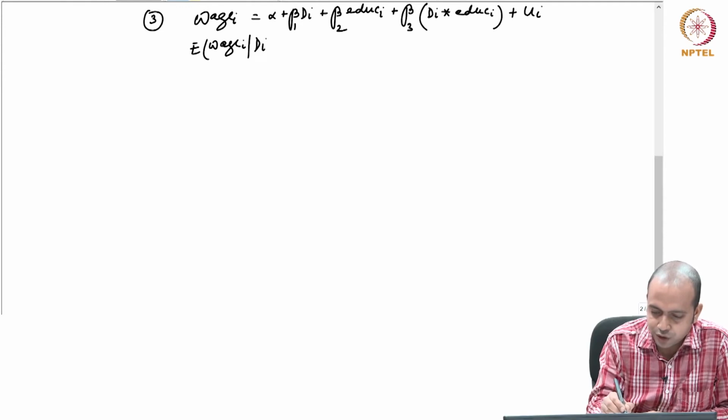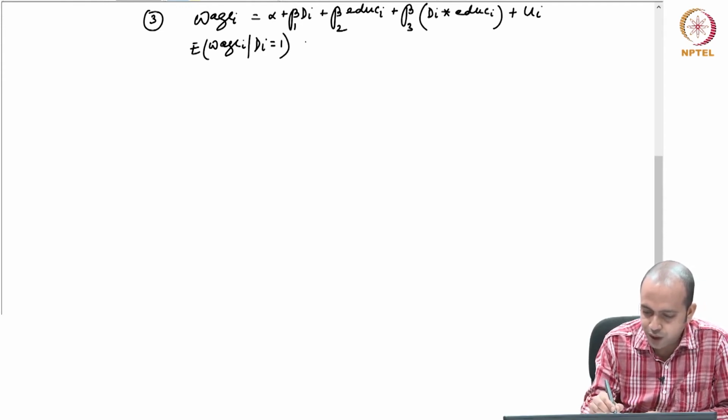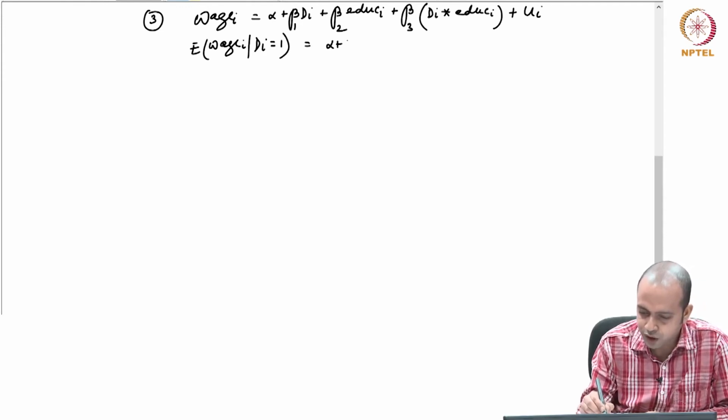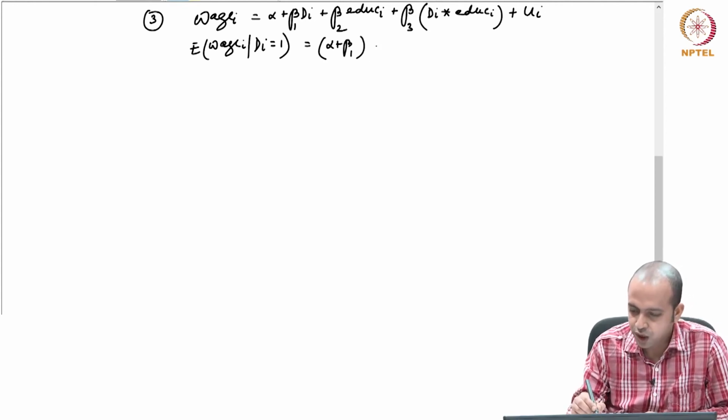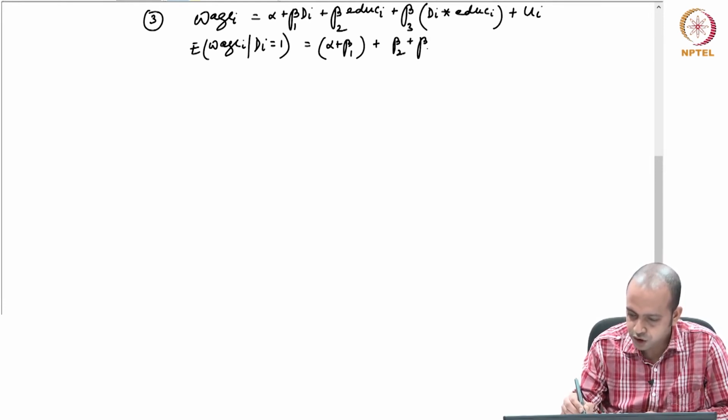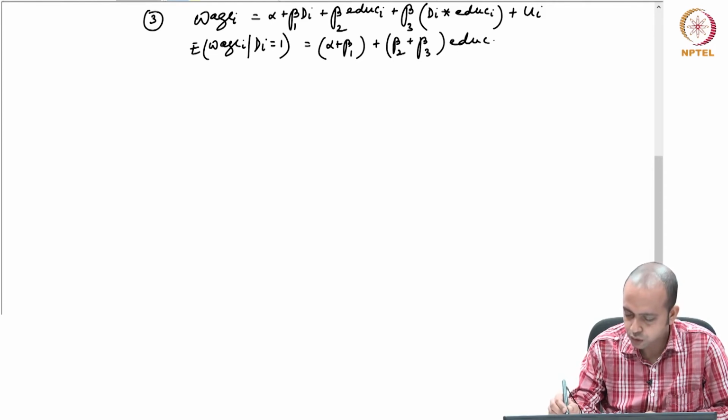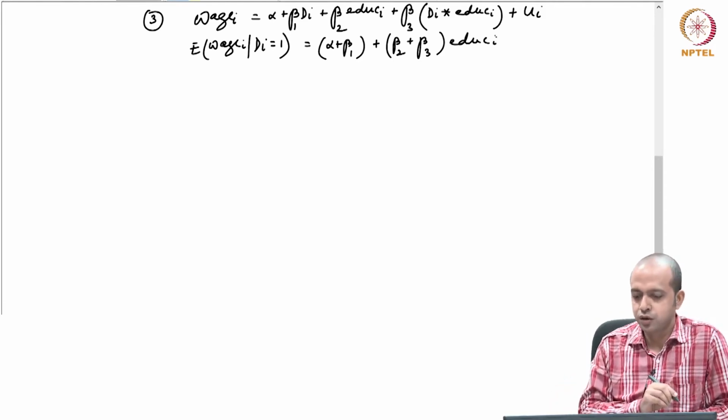So, in this case, if you quickly take again the expectation of wage given di equals 1, what will happen? This would become alpha plus beta 1 plus beta 2 plus beta 3 education. All right.